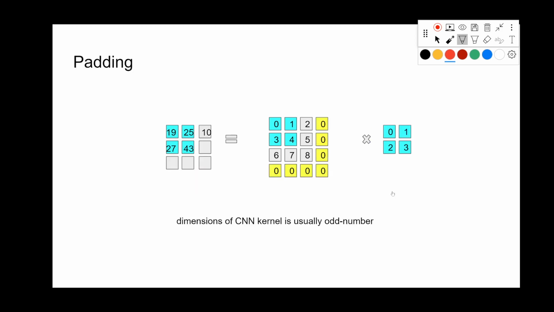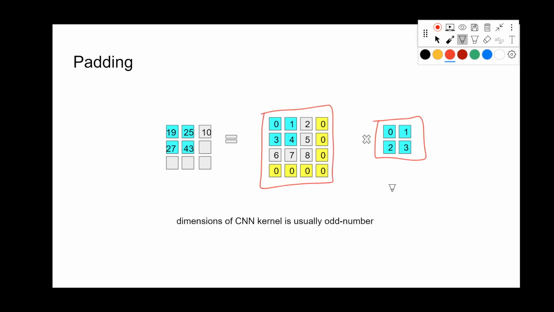Okay, so now we have understood what the convolutional operations are. We will start to introduce some more ideas about how to implement a convolution network. The first feature we need to discuss is padding. For example, here we have a filter and an input feature map like this.